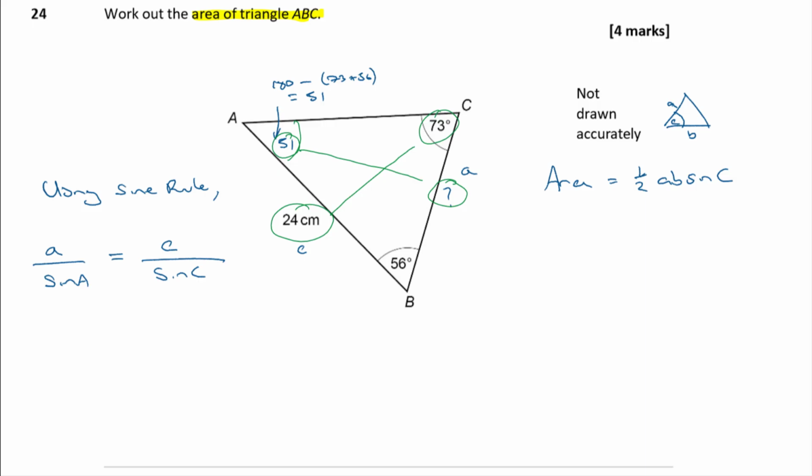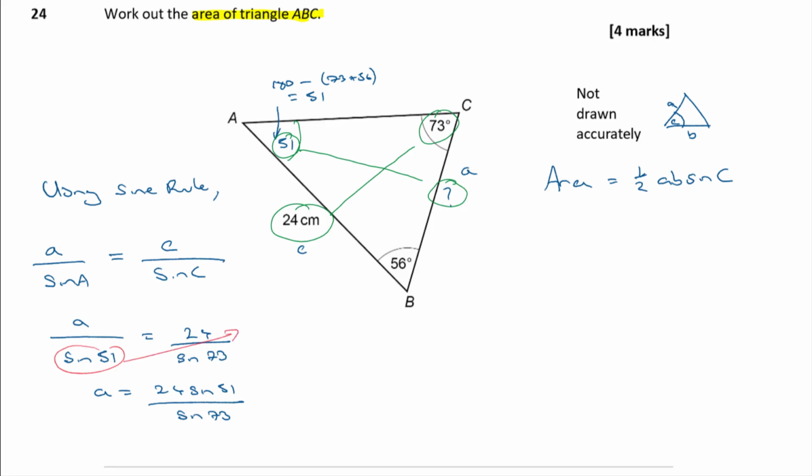A over the sine of angle A, which is 51, is equal to C, which is 24, divided by sine of 73. Rearrange it to make A the subject. A is going to be 24 sine 51 over sine 73. Then just cross multiplying that up there. Look, that's moving up there, leaving me A by itself.